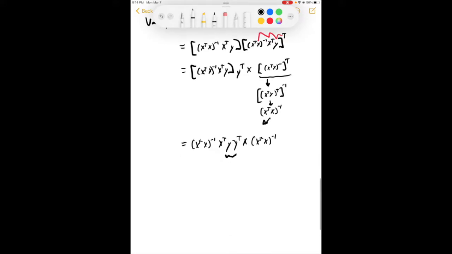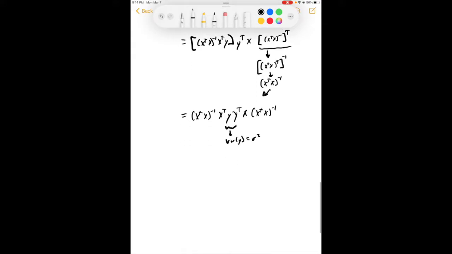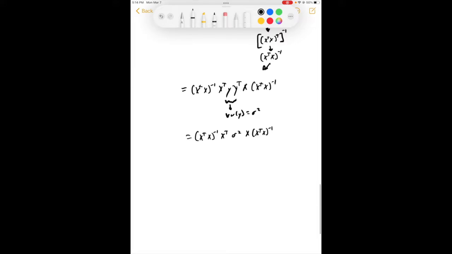Now this right here, y times y transpose, gives us the variance of y, which we said was just sigma squared. So we've got x transpose x inverse, x transpose, this is sigma squared, this is x, x transpose x inverse. This is a scalar, so we can just move it wherever we want.